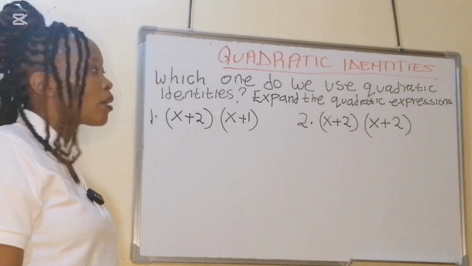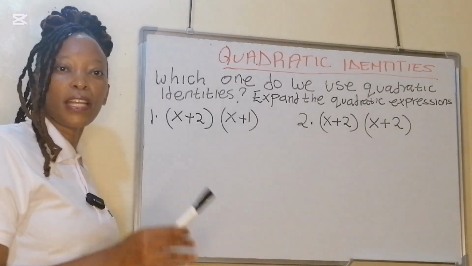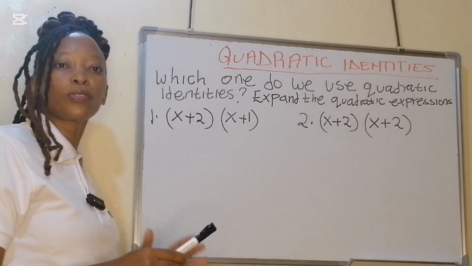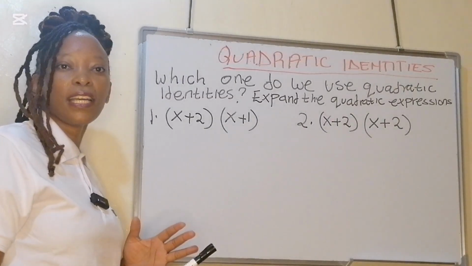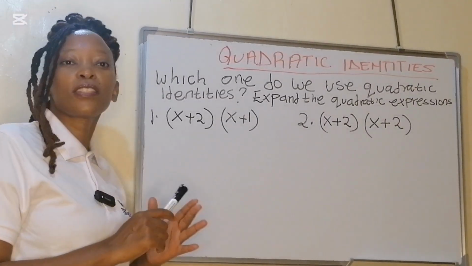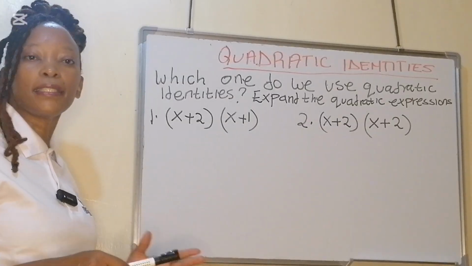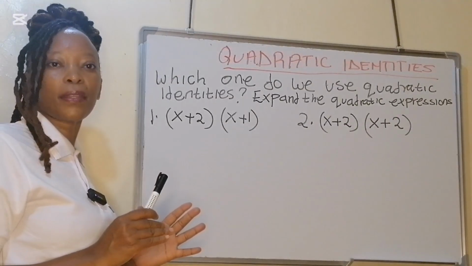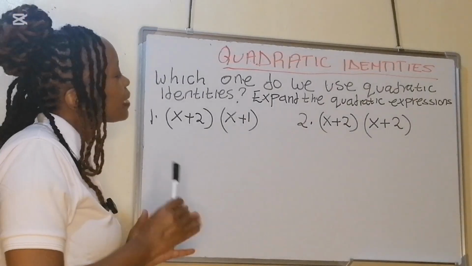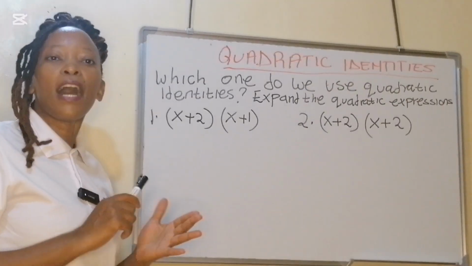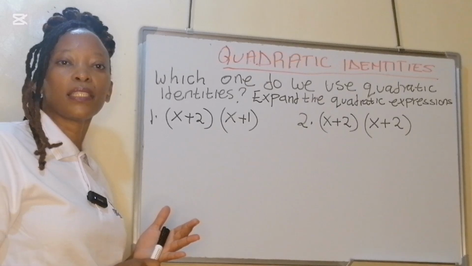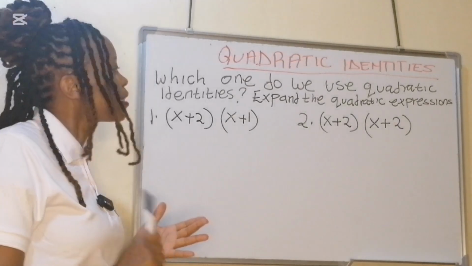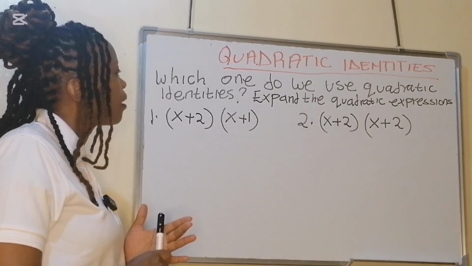So stay with me up to the end of the lesson, because sometimes you are going to try to use quadratic identity and you are not supposed to. That is a mistake most students make. And the only way you can understand this is to be attentive up to the end of the lesson. Fasten your seatbelt, be attentive, okay?